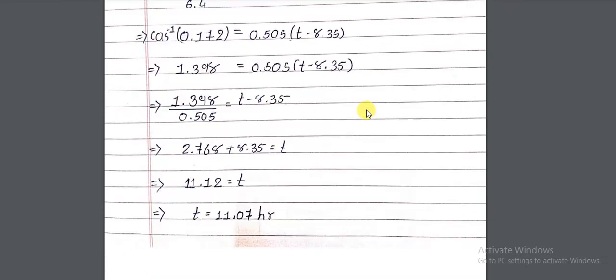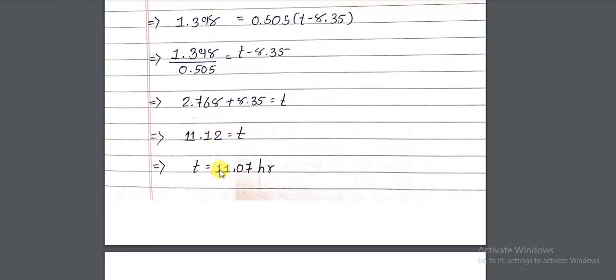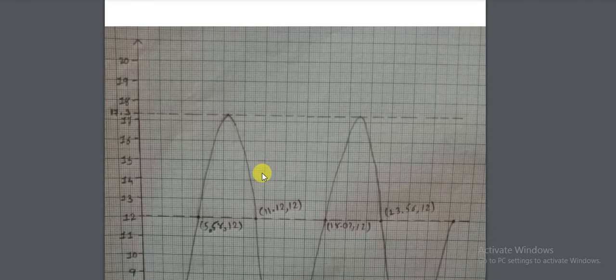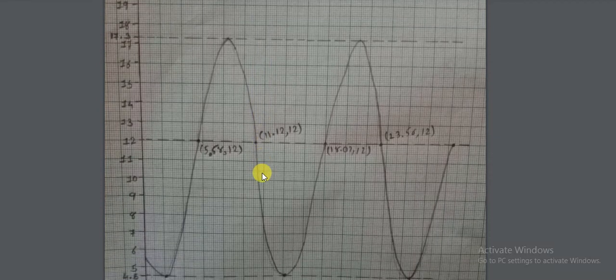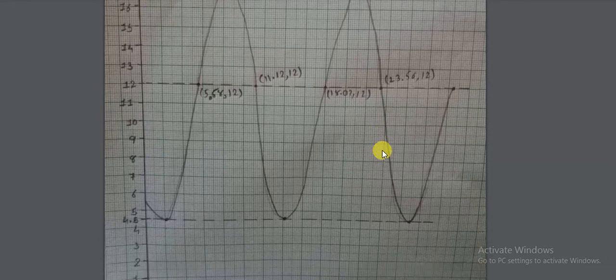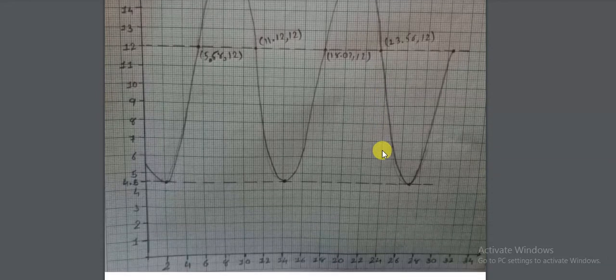So we get t equal to 11.07 hours, and the graph would be like this. This is our initial point where the boat will start, and here it will end, and again from this point our boat will start. So this would be our graph. Thank you.